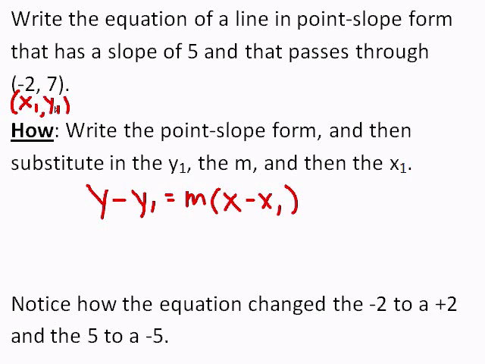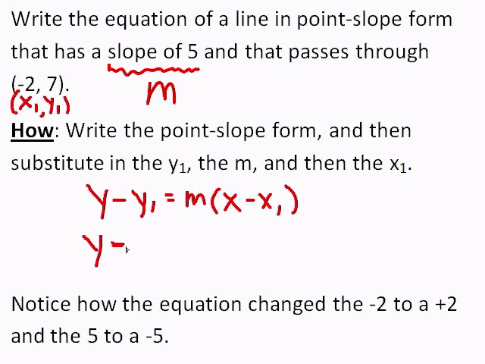So x1, y1 stands for the first, and in this case, only point that we're given. But what does the m stand for? Well, the m should stand for the slope. So we have the m, we have our x1, and we have our y1. So we can write the equation of our line.